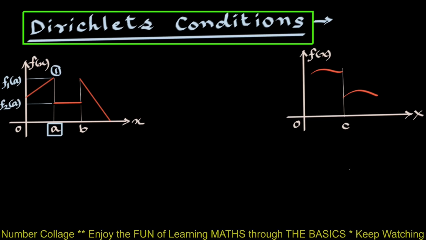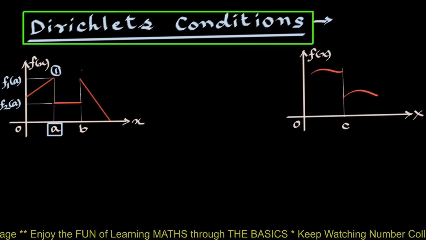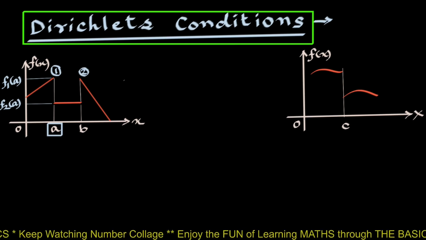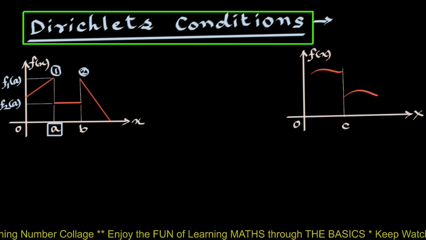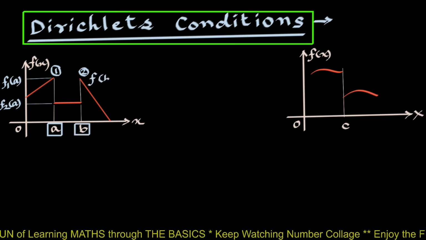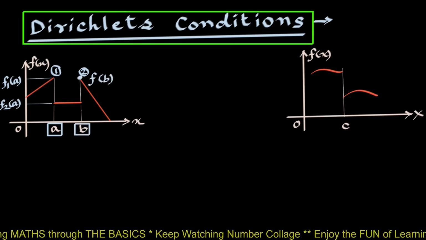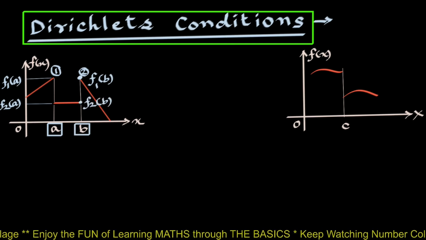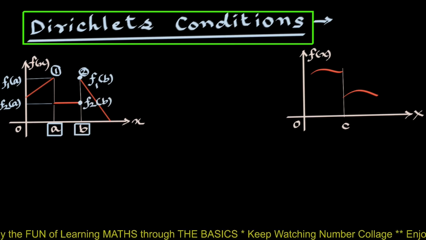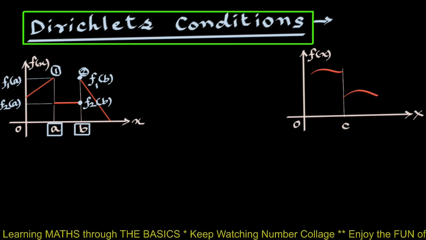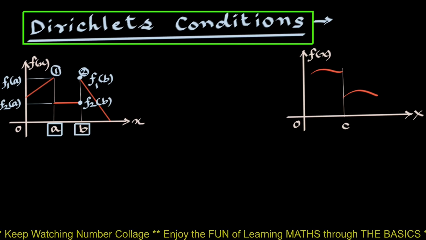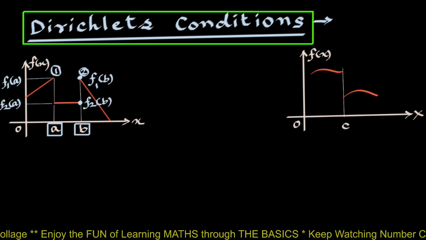The same is true for the second discontinuity at x equals b, because the value of f(x) breaks at x equals b from f1 of b to f2 of b here. So since there are finite number of discontinuities of this function, its expansion can be expressed as a Fourier series.